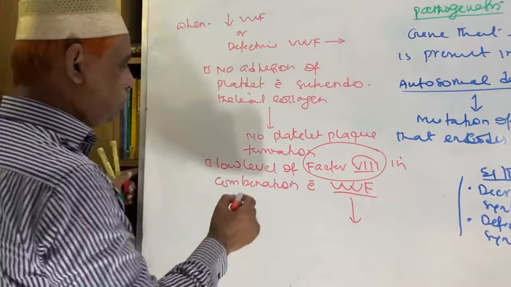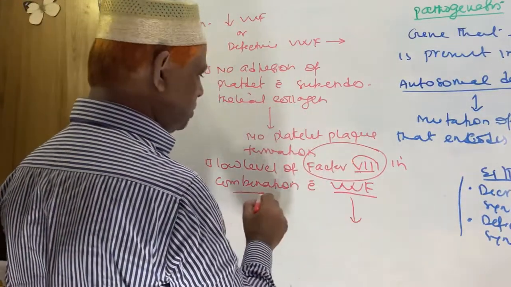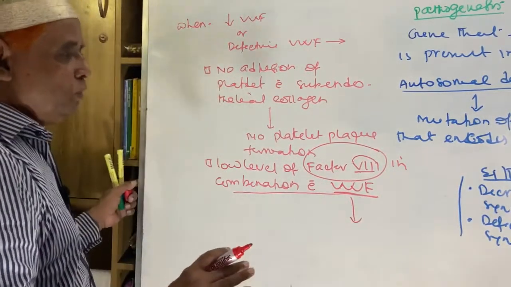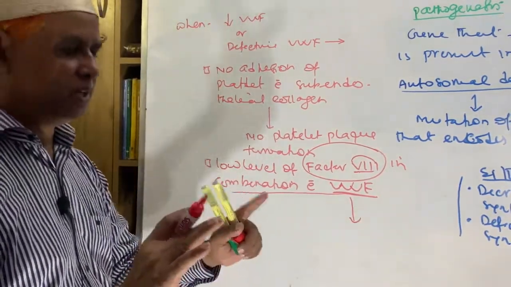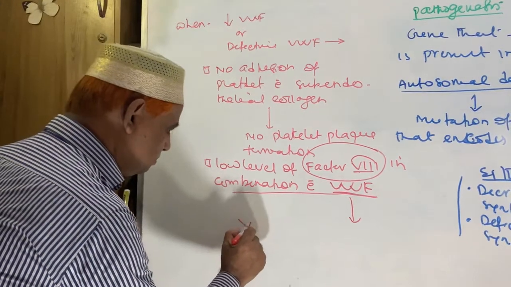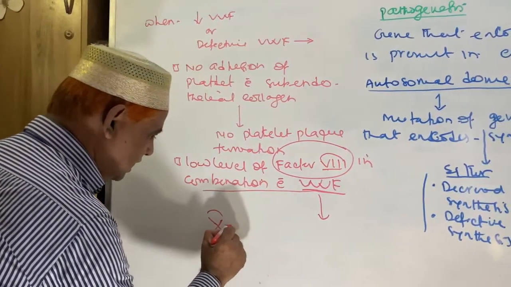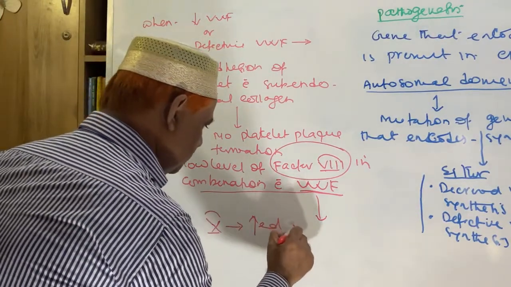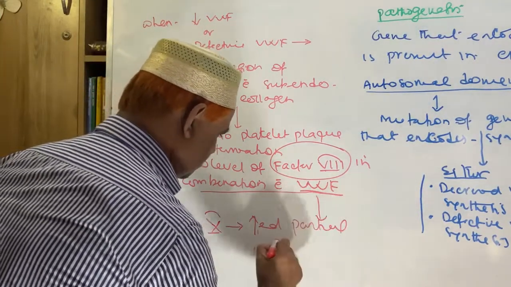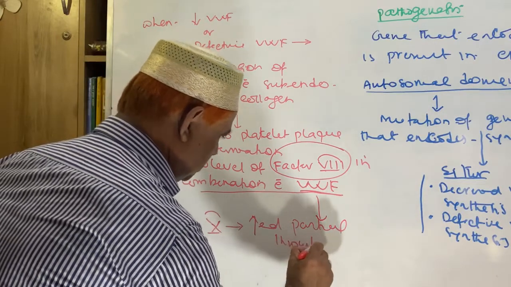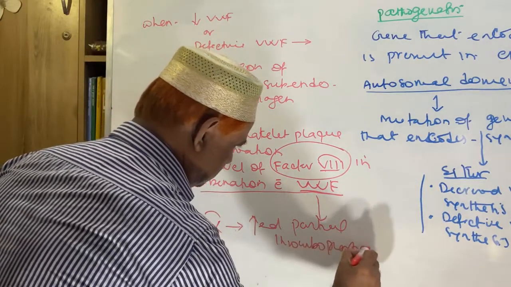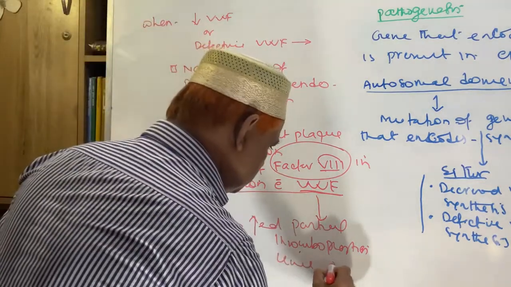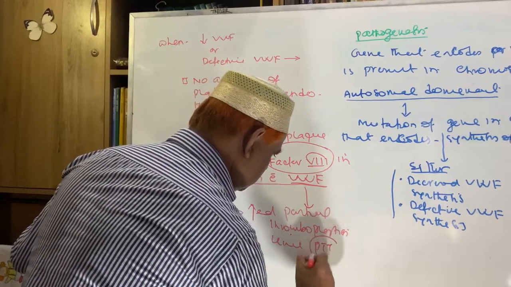Again, as low level of factor 8 in combination with von Willebrand factor, there will be no activation of factor 10, and ultimately what will happen? The increased partial thromboplastin time, increased PTT.